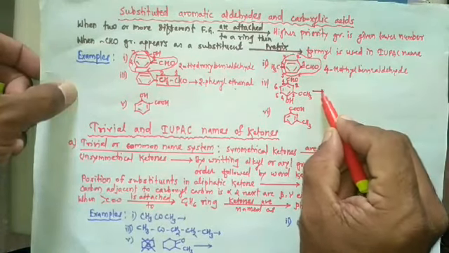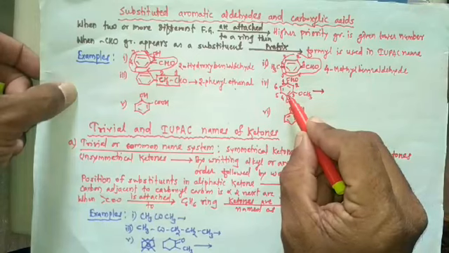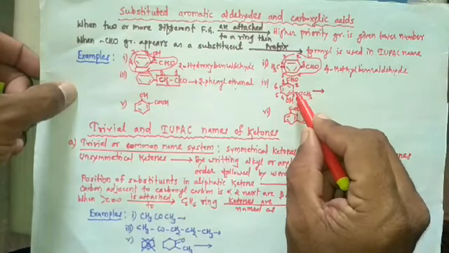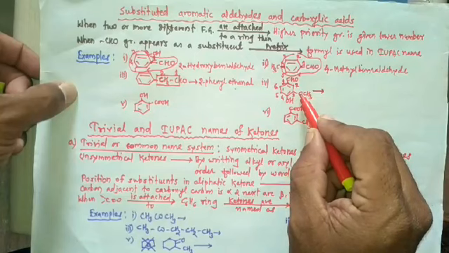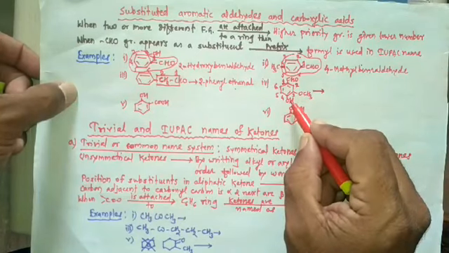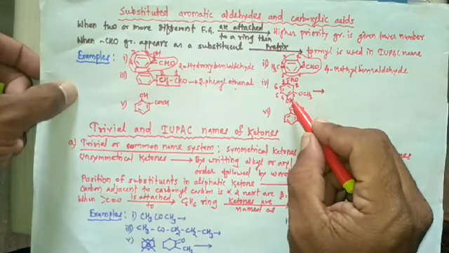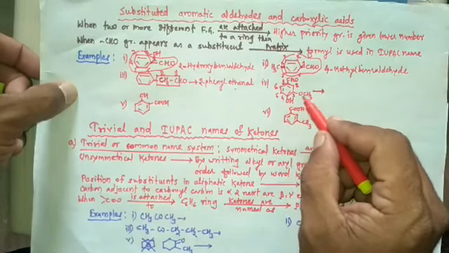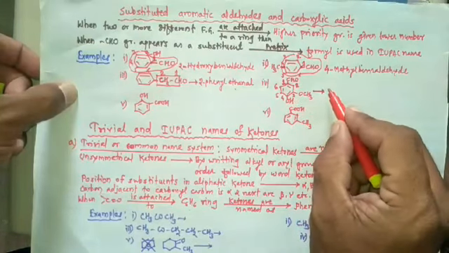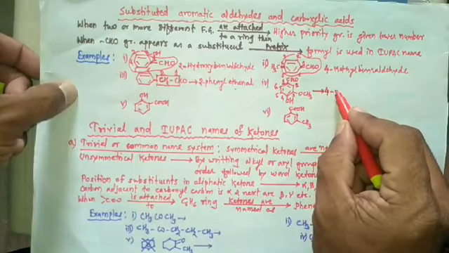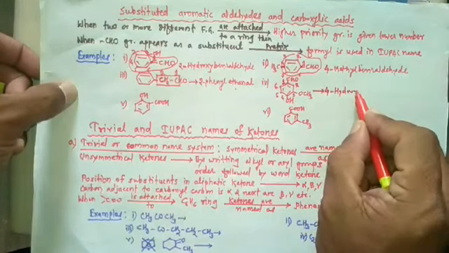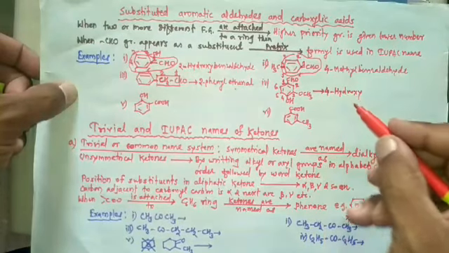On the fourth carbon atom a substituent is present, and on the third carbon atom a substituent is present. This is the hydroxyl group, this is the methoxy group. Alphabetically H comes first, then M of methoxy. That's why first represent the hydroxyl group along with its position: 4-hydroxy.